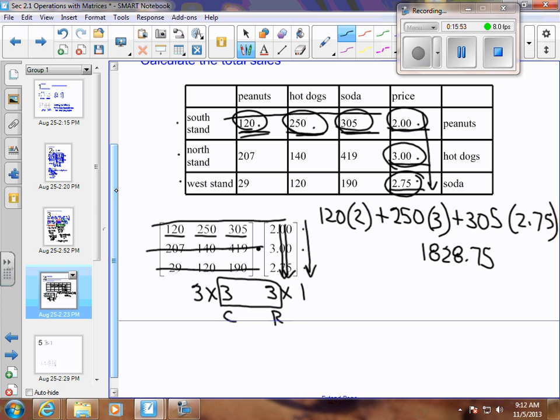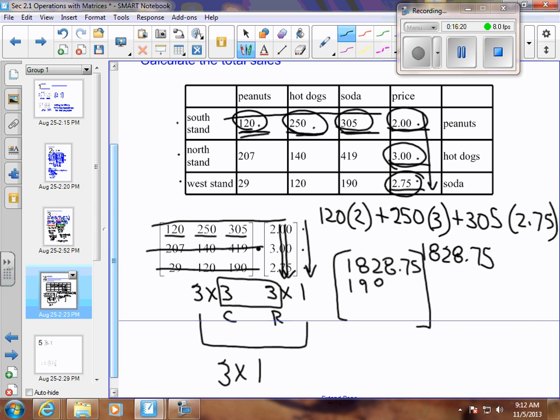And the product will be given by the number of rows of the first matrix and the number of columns in the second matrix. So when we do this matrix multiplication, we're going to get the amount taken in at each concession stand on that given day. And then to get the total amount for the day, you'd simply add those numbers together.